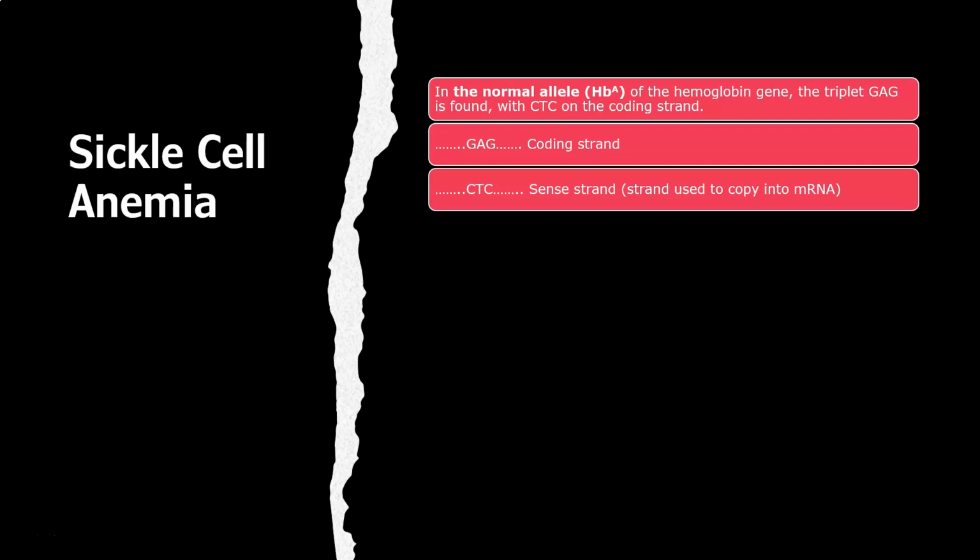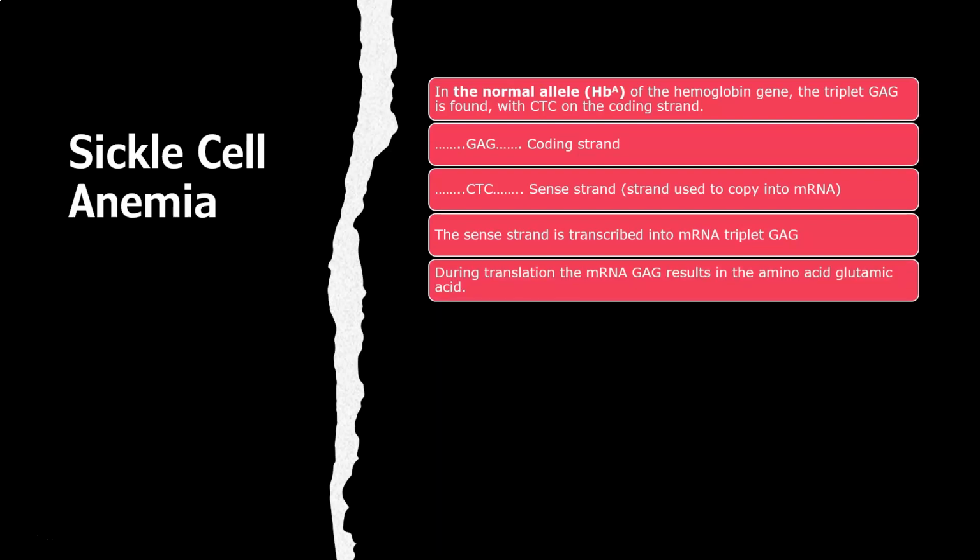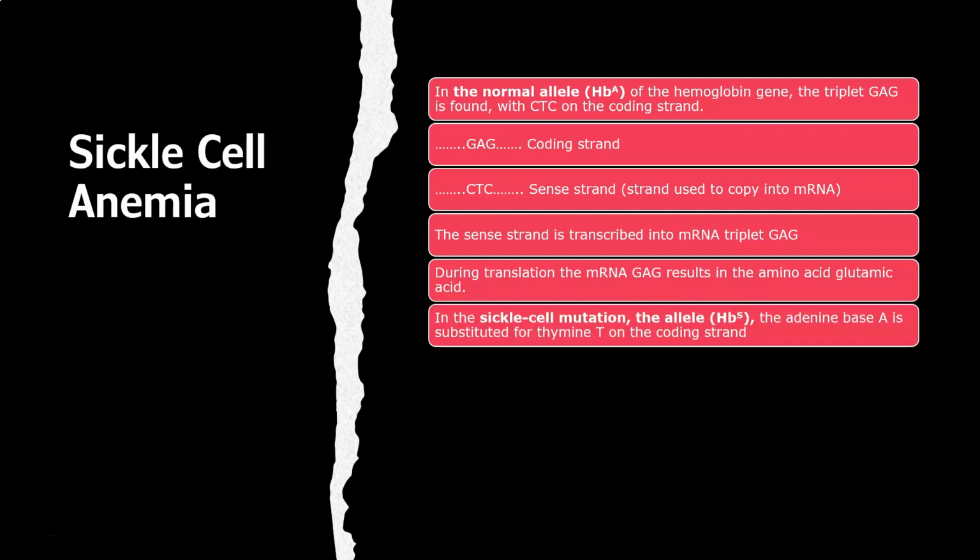The strand then used to copy that mRNA into mRNA. The sense strand is transcribed into the mRNA as GAG. Okay, so this is what should happen. This is in a normal allele. During translation, the mRNA GAG results in the amino acid glutamic acid being placed into the chain. So that should all be good. This is our transcription translation occurring here.